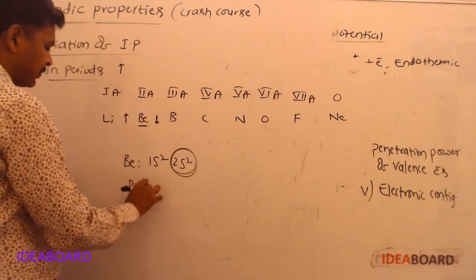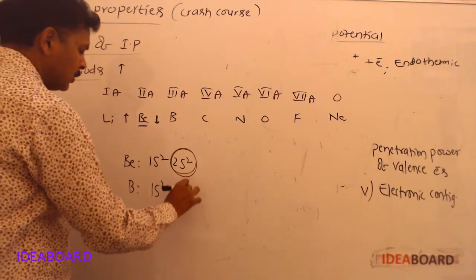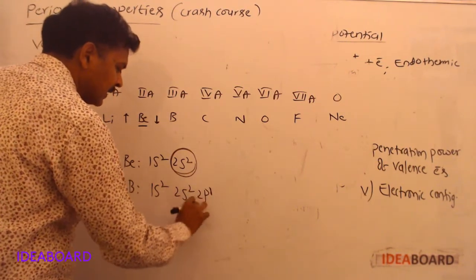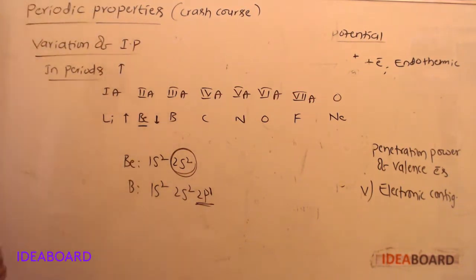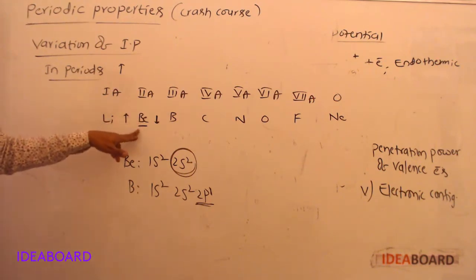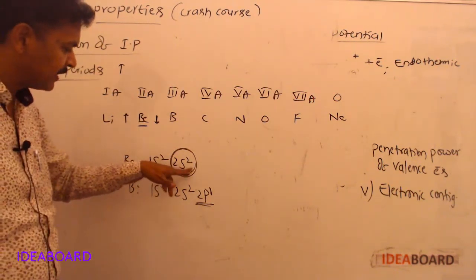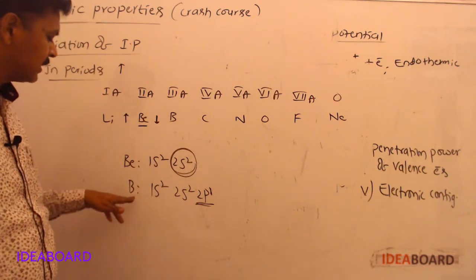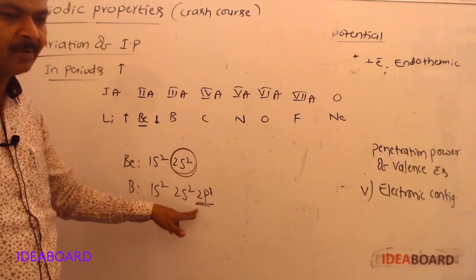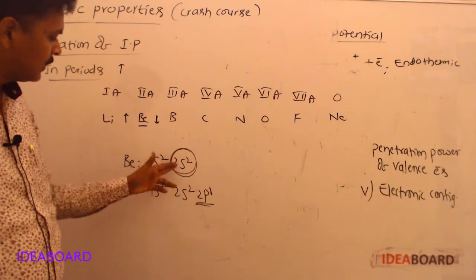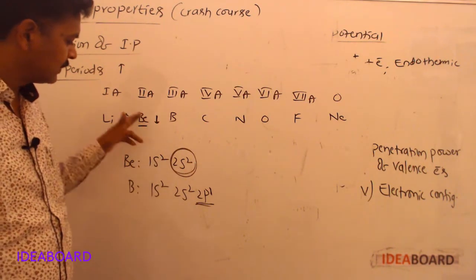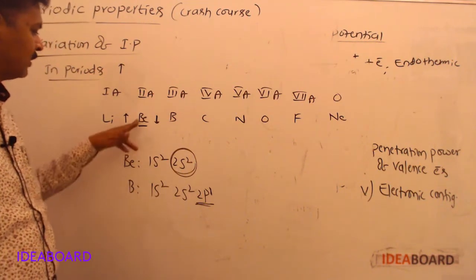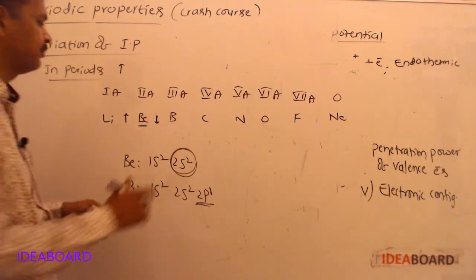But boron is 1s2 2s2 2p1, so its valence electron is in the p orbital. In beryllium the valence electron is in the more penetrating s orbital, but in boron it is in the less penetrating p orbital. Beryllium also has a stable configuration compared to boron. That's why IP decreases from beryllium to boron.